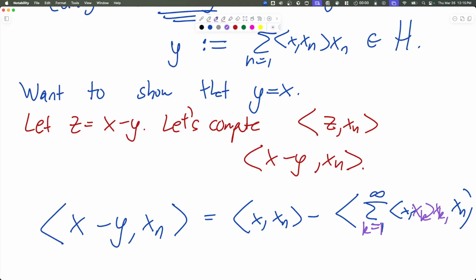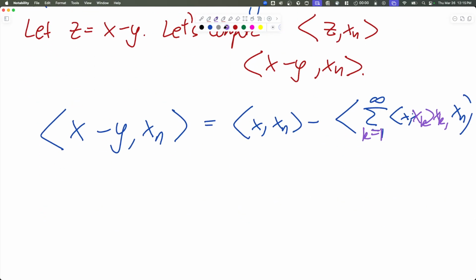This was problem 3 on Tuesday's class. You need that this thing converges to something, and then you use linearity. You can take the finite sum and approximate all this kind of stuff. So inner products play nice with infinite sums. We can pull out this thing.